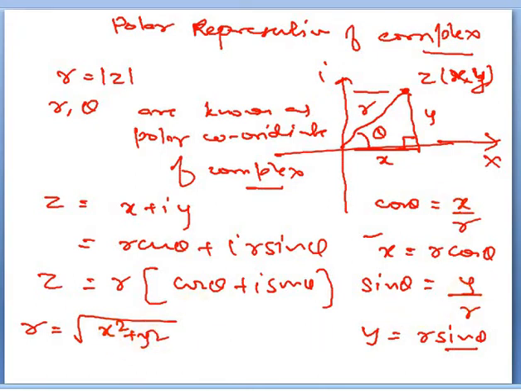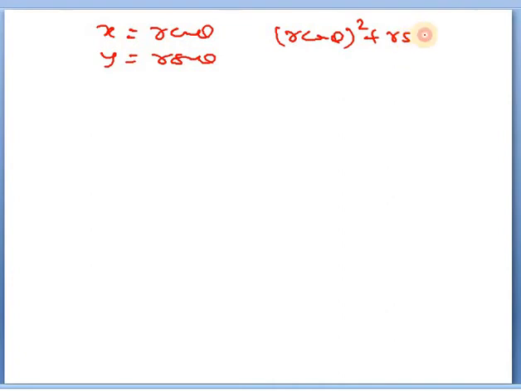Now moving to the derivation: x is equal to r cos theta, y is equal to r sin theta. Squaring and adding, we can write r square cos square theta plus r square sin square theta is equal to x square plus y square.